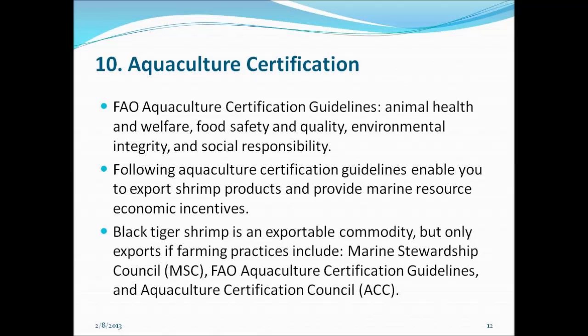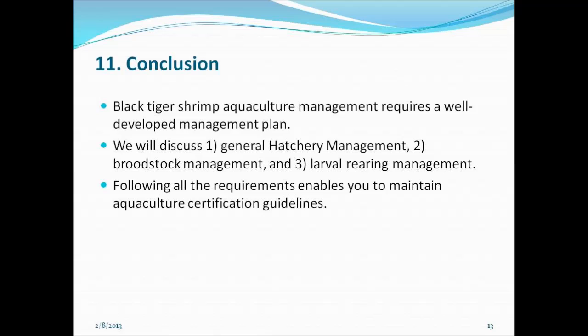If you follow all of these requirements, you will certainly be able to maintain aquaculture certification guidelines. It's an all-encompassing process. Follow this and you can get everything that you aim to achieve. So that was pretty much an overview.